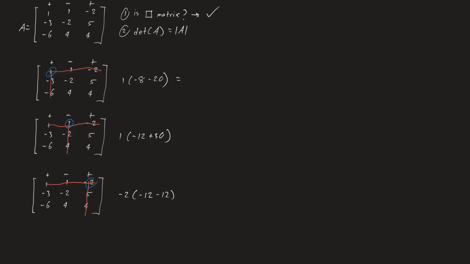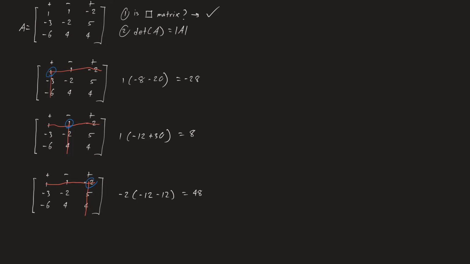Okay, now let's do all this together. So this becomes negative 28. This becomes, let's see, that's 10, 20, that's 8. And then this is negative 24, and then we double up with a negative, so that's going to become a 48.